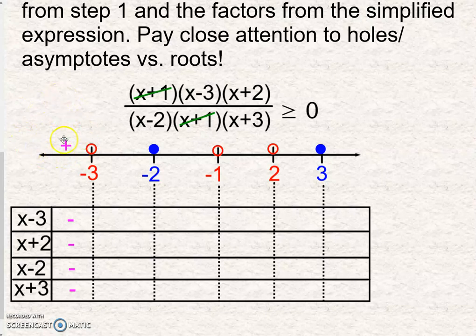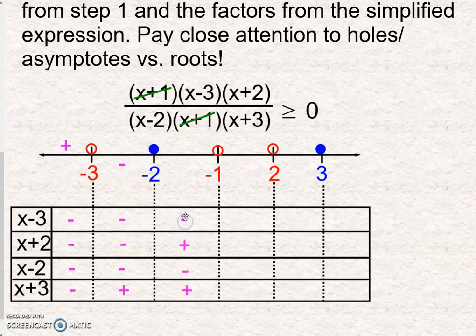So I know that I'm going to be above the x-axis for this region here. Picking a number between -2 and -3, maybe I choose -2.5. When I put a -2.5 into this factor, this factor, this factor, and that factor, I end up with these signs, all negatives except this one here. And when you multiply or divide this many negatives and a positive, you end up with a negative.